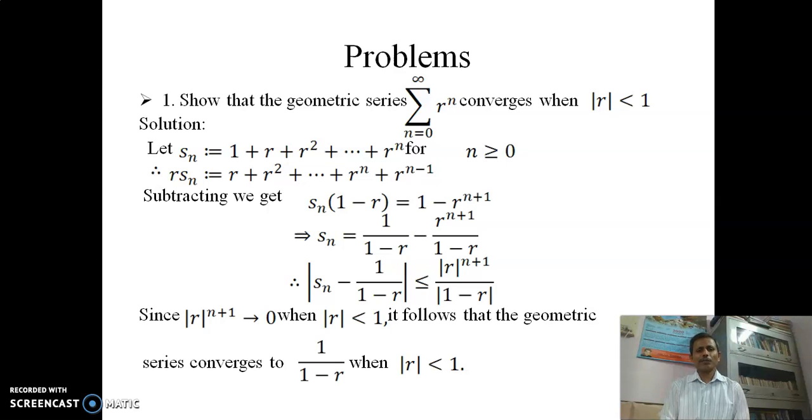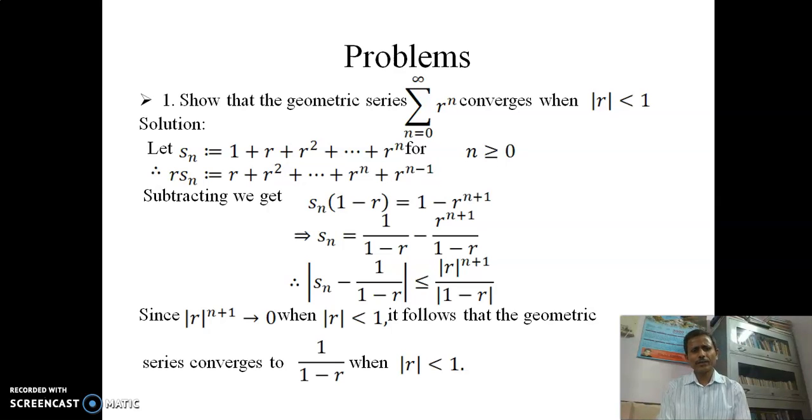Now we discuss some problems. First one: the geometric series summation r^n converges when modulus of r is less than 1. To prove this, let Sn = 1 + r + r^2 + ... + r^n for n >= 0.